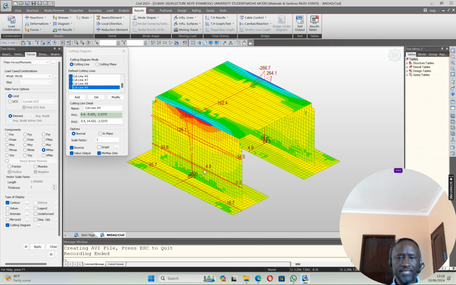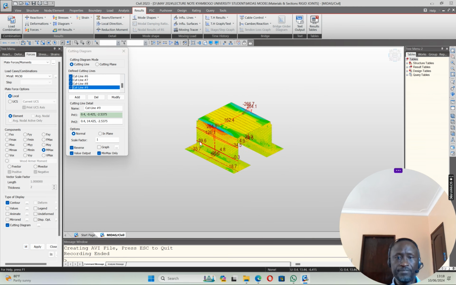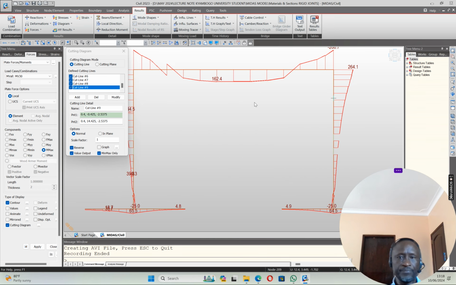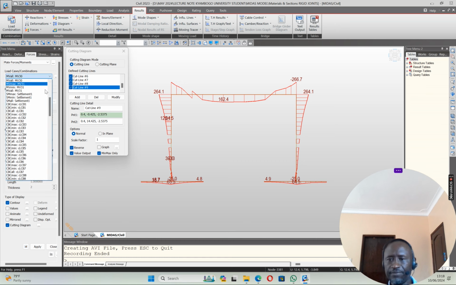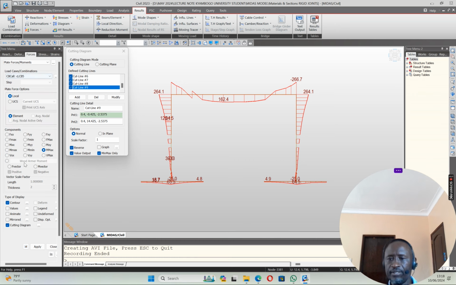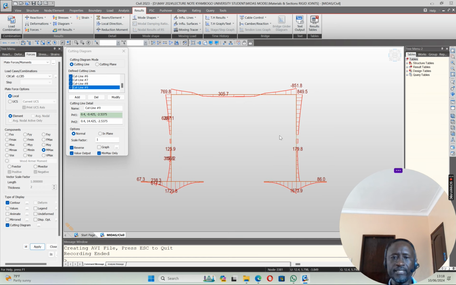So when you look at this, definitely this is how the whole behavior is. This is now the response of your bridge to applied load. So you see the moment, this is only for live load. If I look at a combined load, you find that the mid-span is basically 300, but for simply supported, mid-span was about 900.